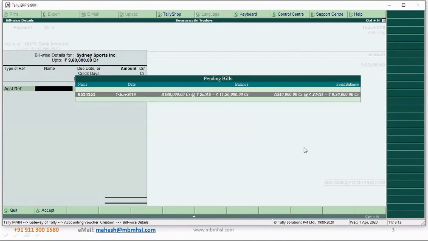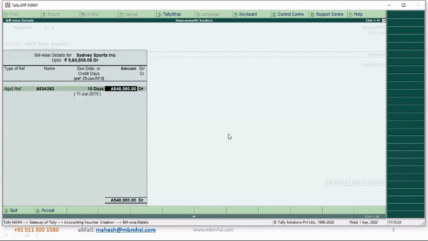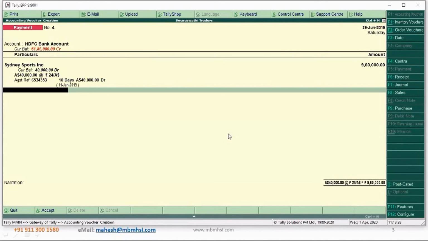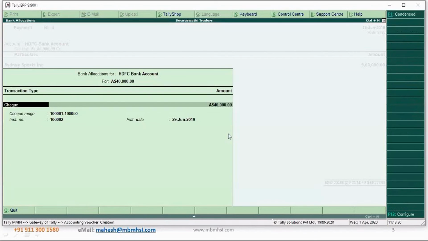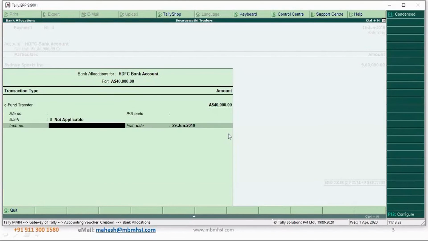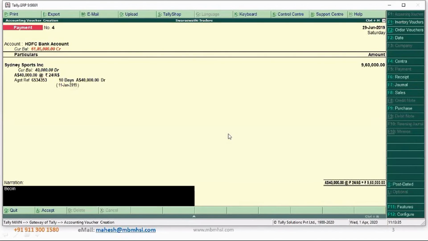Okay, and I'm paying against the same bill, which has 40,000 pending. If you look here, it says Australian dollar 40,000 is pending at 25 rupees per dollar. I've accounted $40,000, which is 9,60,000, and made the payment online, being full bill settled.